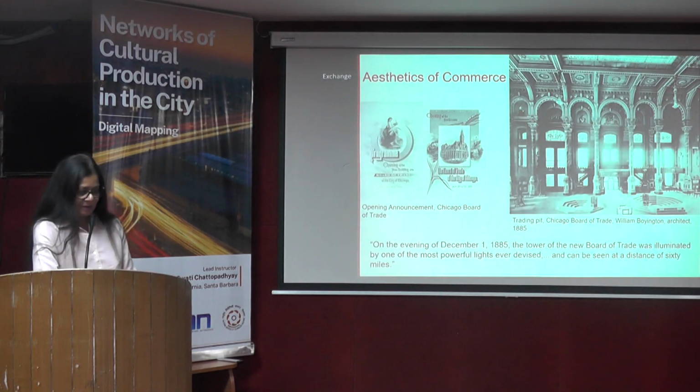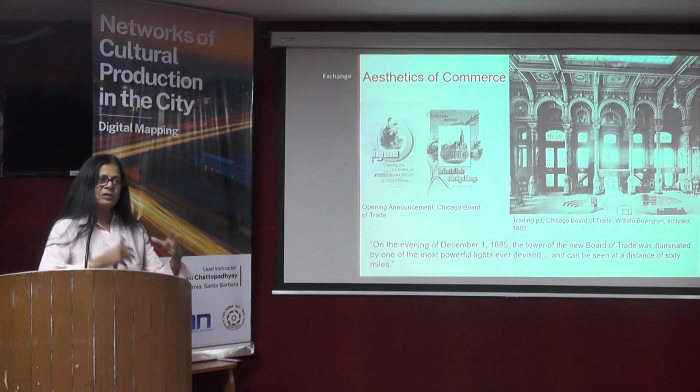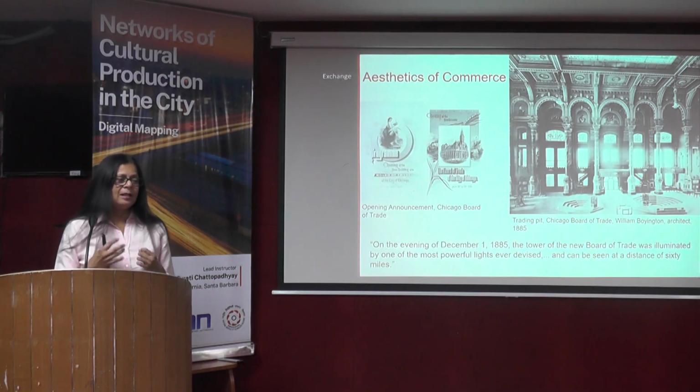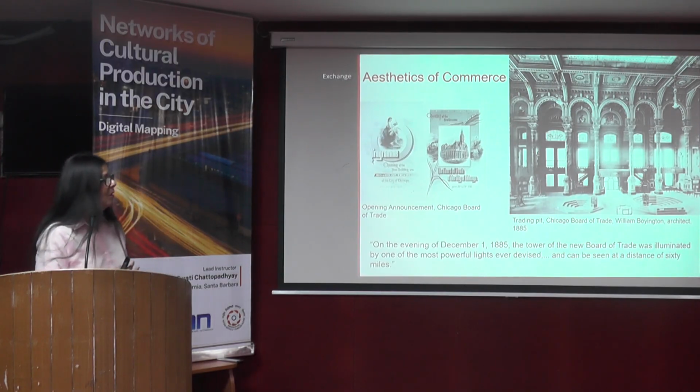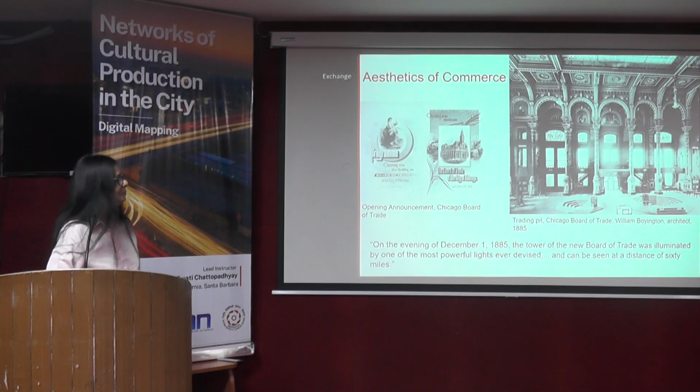The grading and processing of wheat required a new system of communication, a new system of thinking about the market, and also required a new building entirely. And that's the Chicago Board of Trade trading pit, this interior view.